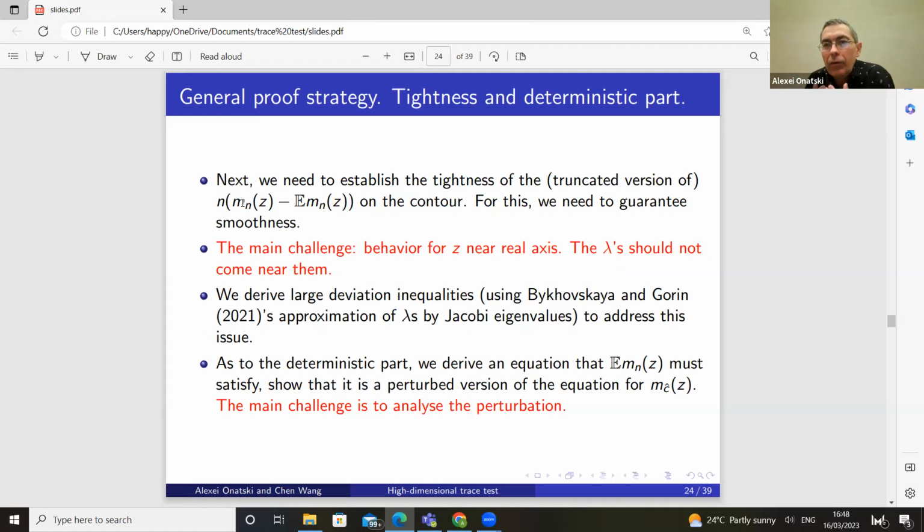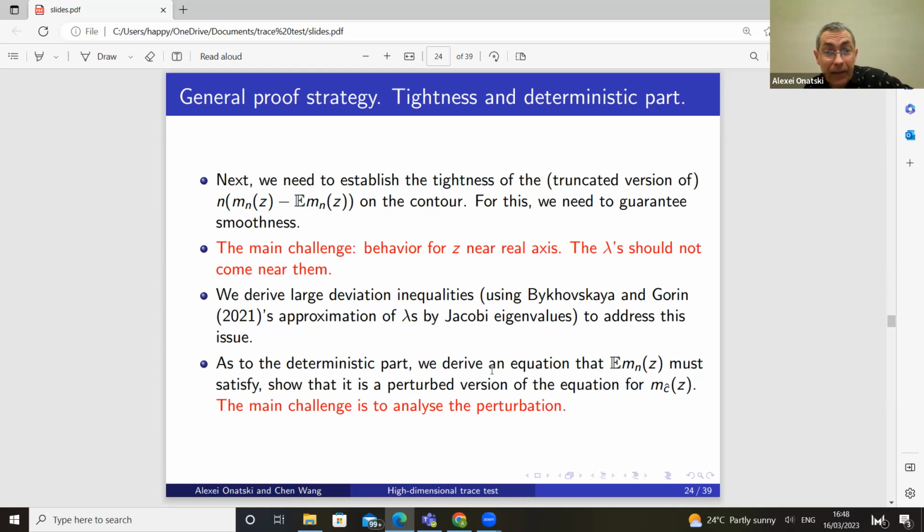So we were not able to prove tightness, but the Bykhovskaya and Gorin results gave us some machinery which we used to prove some large deviation inequalities for these eigenvalues, which was enough to show that with overwhelming probability the process is tight, and that's all that is needed there for the functional central limit theorem.